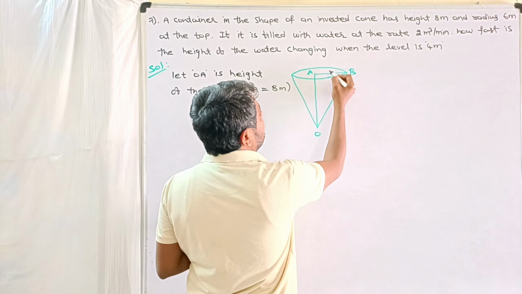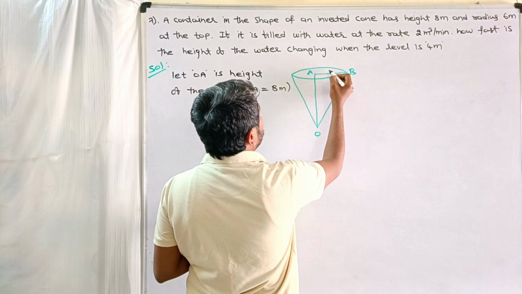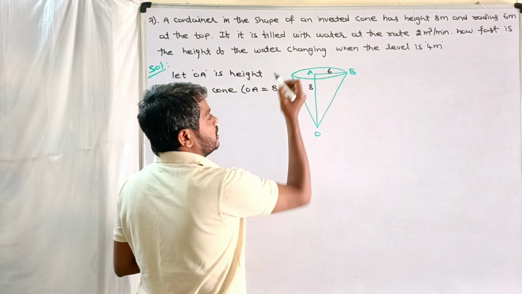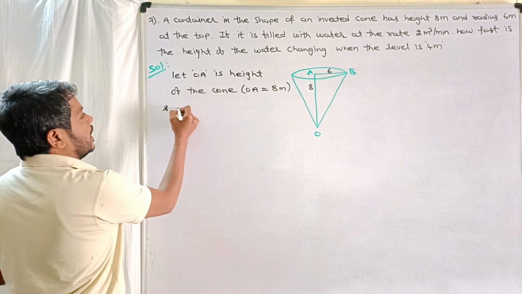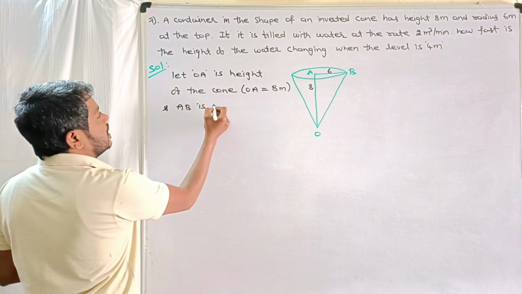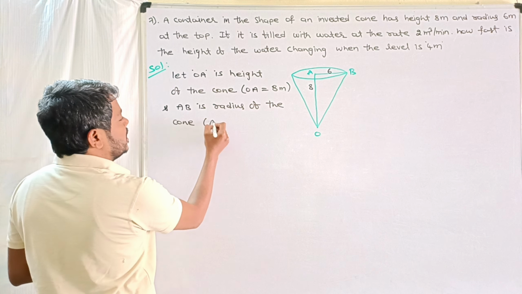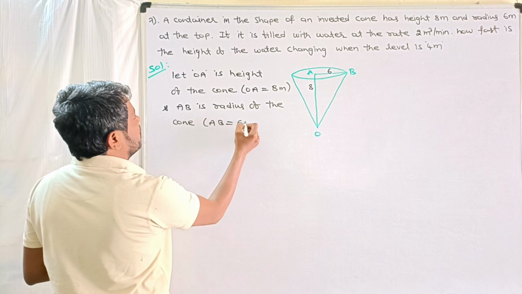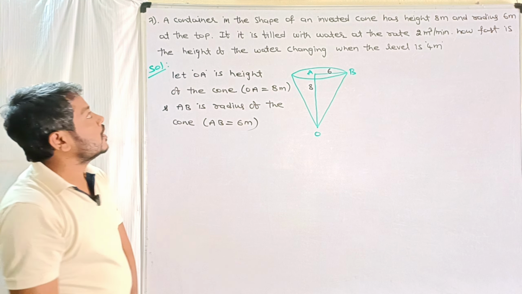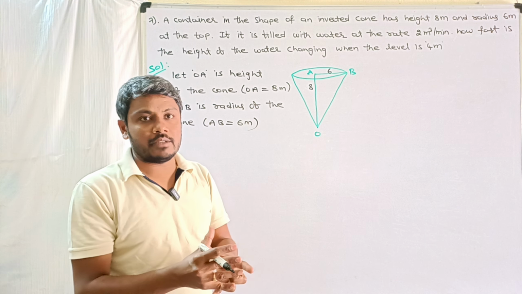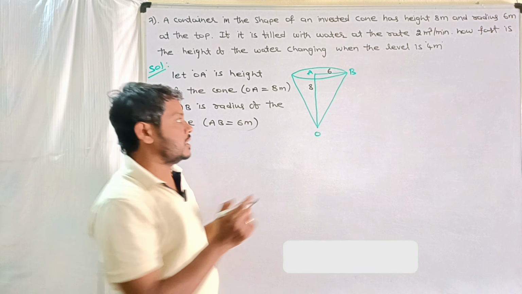So clearly A will be the radius of the cone. They given that it is 6 and the height is 8. And AB is the radius of the cone. So they given AB equals 6 meters.